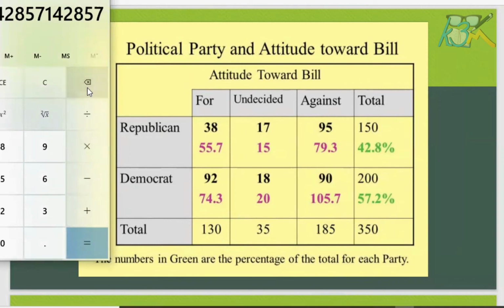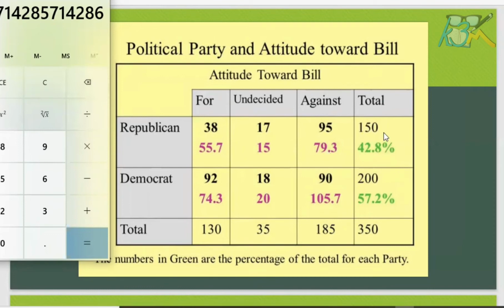Yung sa pagkuha ng percentage, ganito yan siya. So 150 divided by 350 equals 0.42857. Then, kung i-convert mo siya into percent, magiging 42.8. Okay?